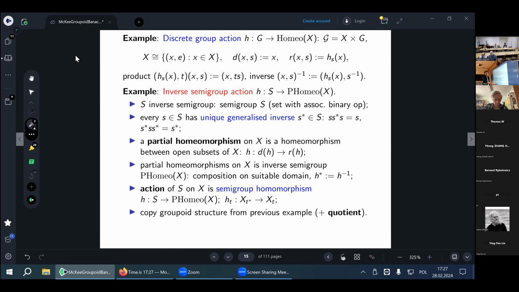It's a star-preserving map between the inverse semigroups, and it is automatic that this star is an anti-homomorphism.